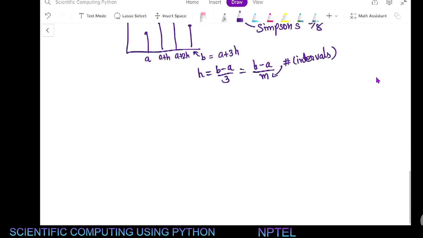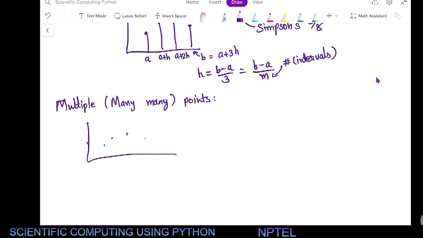And one more thing, that is for multiple points, I mean many points. Let's say we have 1,000 points. So question: what did we do when we had 1,000 points and we wanted to interpolate?